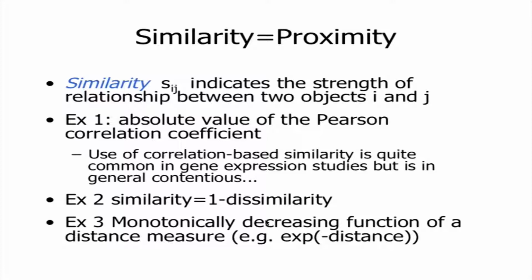It's a similarity measure. In order to relate a similarity to a dissimilarity, you can sometimes use similarity equal to maximum value minus dissimilarity. Just be aware that these terms, similarity versus dissimilarity, are highly related.